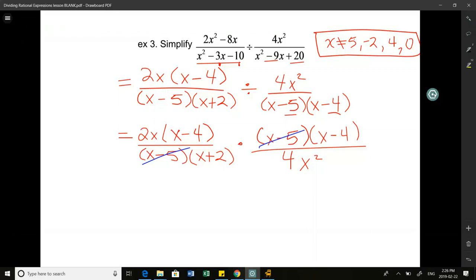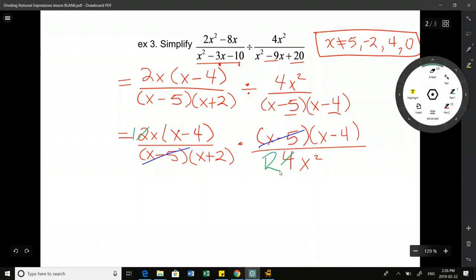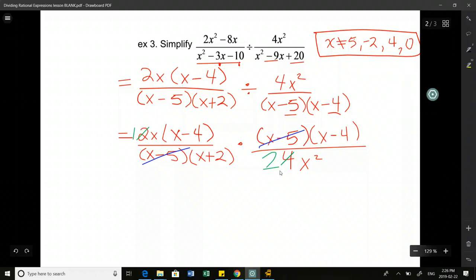Elise? Let's do 2x and 4x first. So I can reduce the 2 and the 4 to 1 and 2. And also the x's, right? We'll do it in black. We'll do 1x from the top with one of the x's from the bottom.